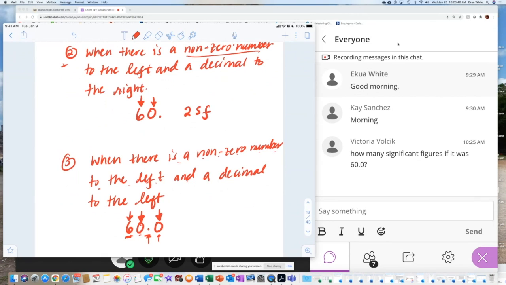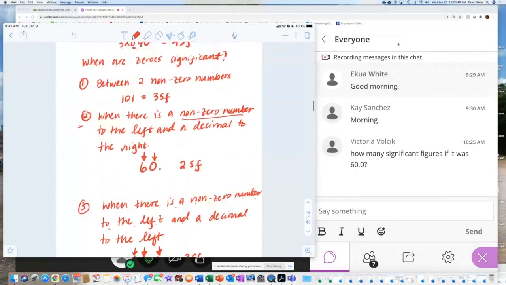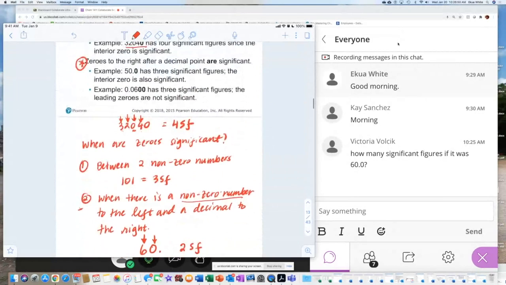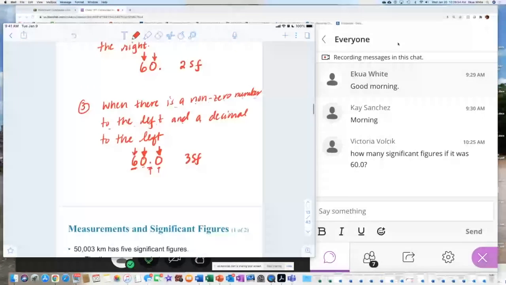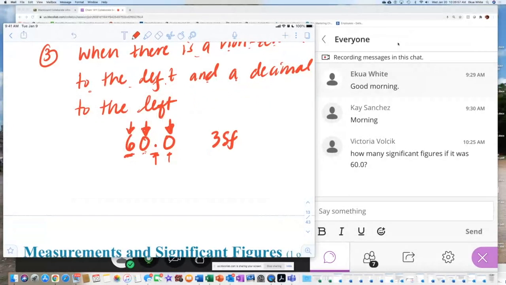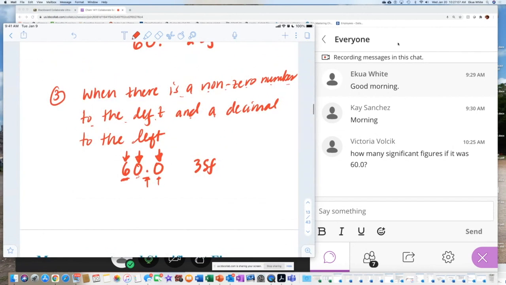So that makes this significant. Therefore, this has 3 significant figures. So I essentially applied the original rule that if you have a non-zero number, it's significant. And then for the zeros, I applied, what was it? The second rule and then the third rule.